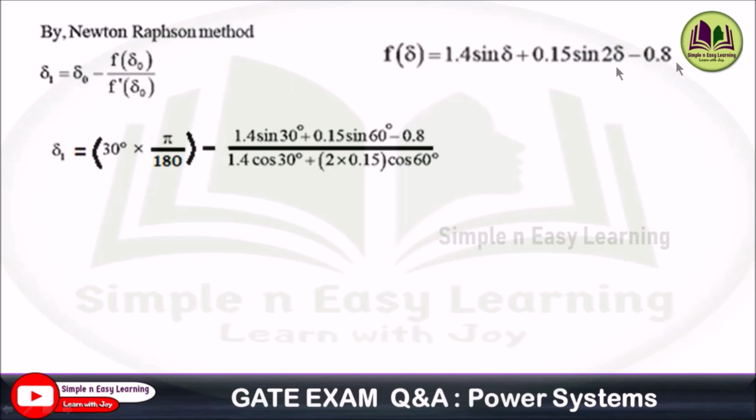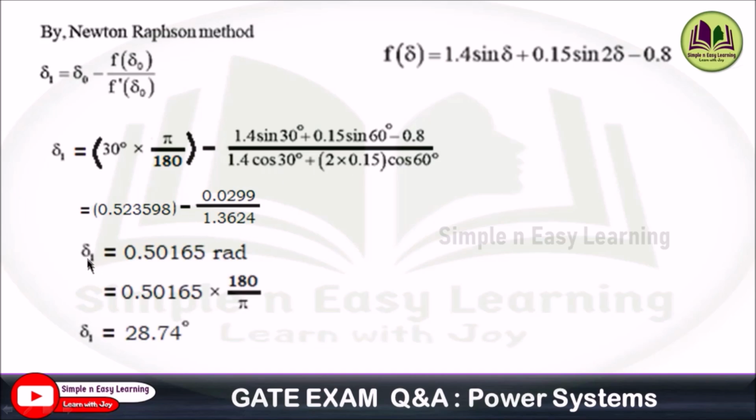The differentiation of this equation is 1.4 times cos del, so cos 30 degrees, plus 2 into 0.15 cos 2 del, so 2 into 0.15 into cos of 2 into 30. Now, by simplifying this, we will be getting 0.523598 minus the upper part 0.0299 divided by the denominator 1.3624.